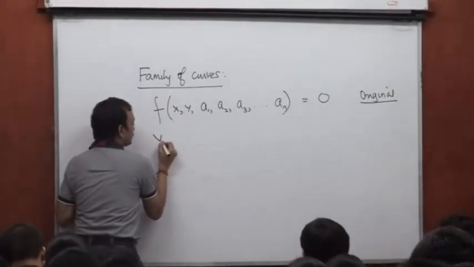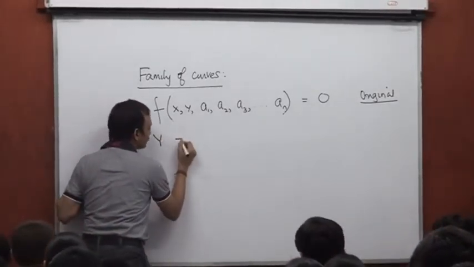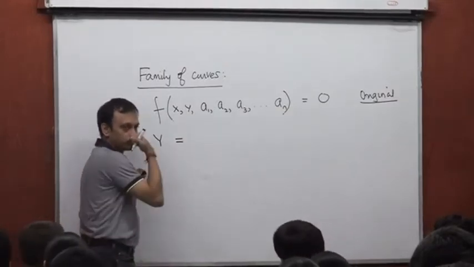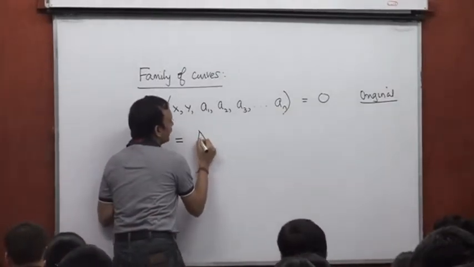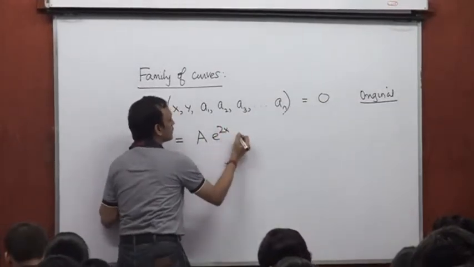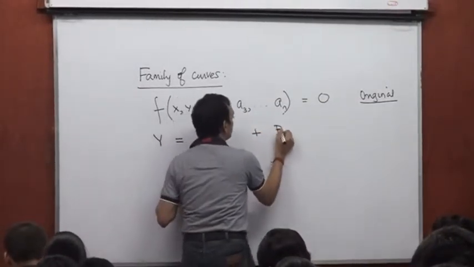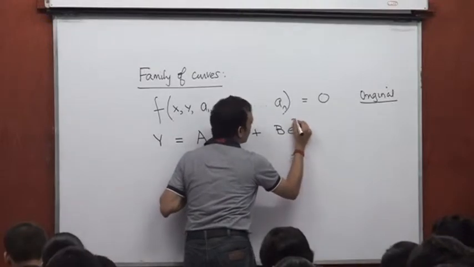I have, let's say, a family of curves of the following kind. y is a e power 2x plus b e power 3x.